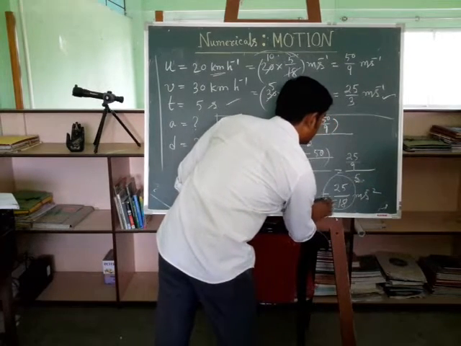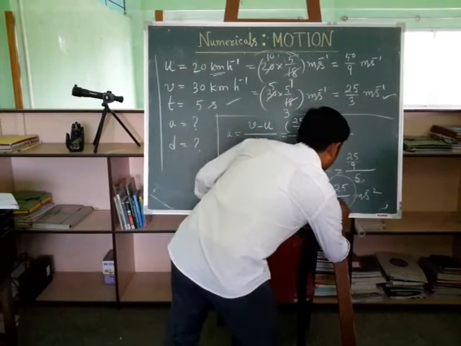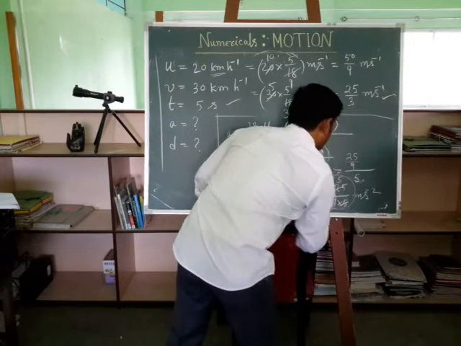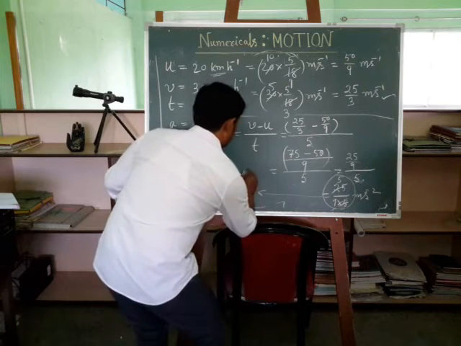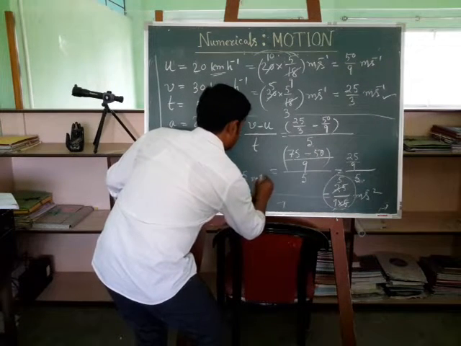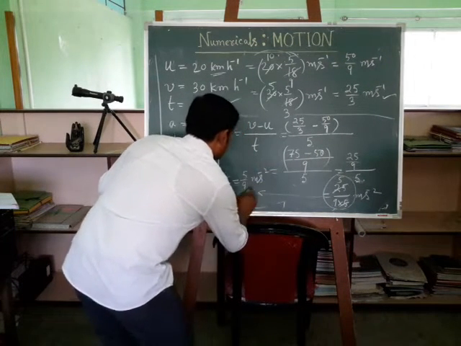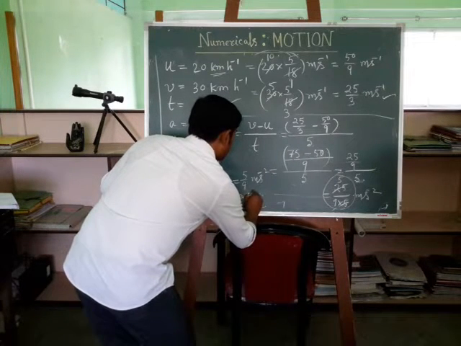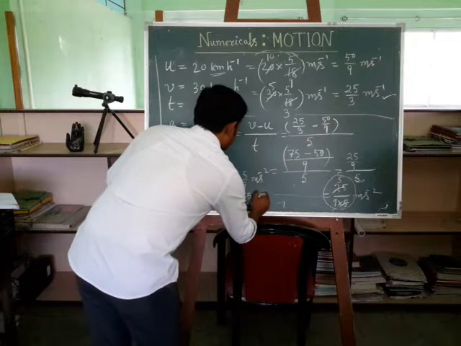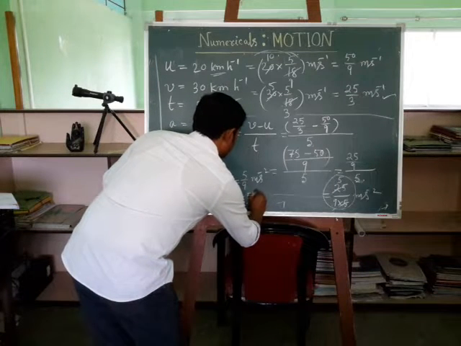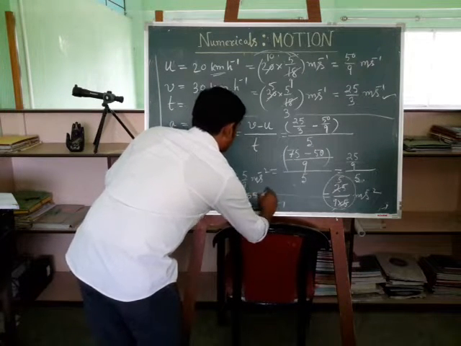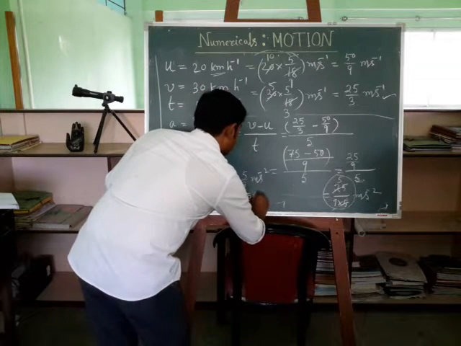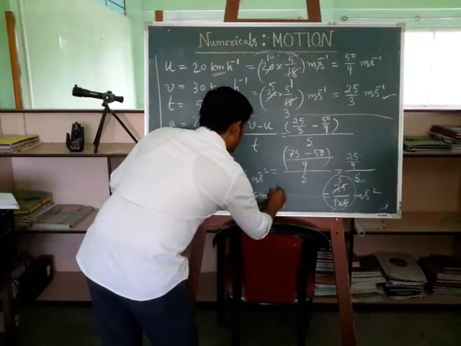So 25 by 9 and you have this 5, so this will be 5 upon 9 meter per second square, and that will be 0.5, yes, then 5, so this will be approximately 0.56 meter per second square.